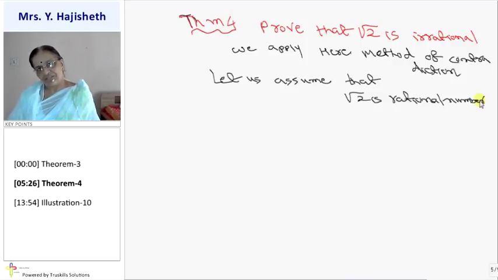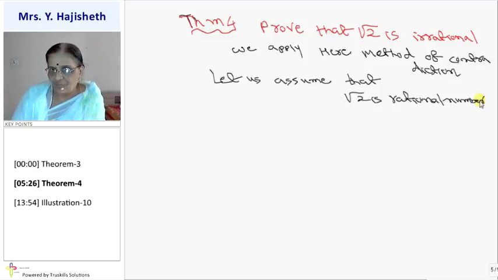Therefore, our supposition is wrong. So what we assumed, that root 2 is a rational number, is wrong. So what is root 2? Irrational. There are two possibilities: either a number is rational or irrational. When it is not rational, it is irrational.